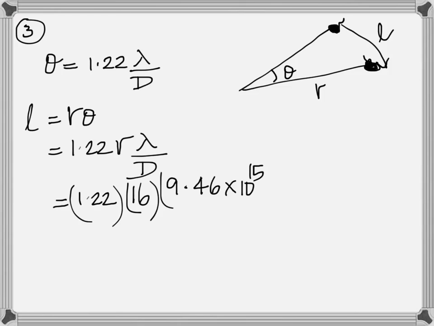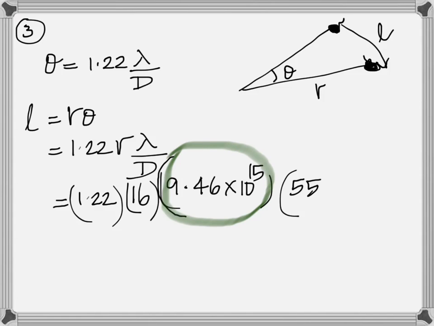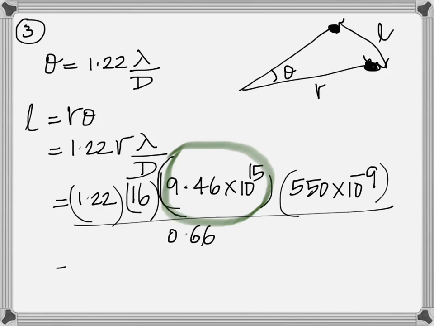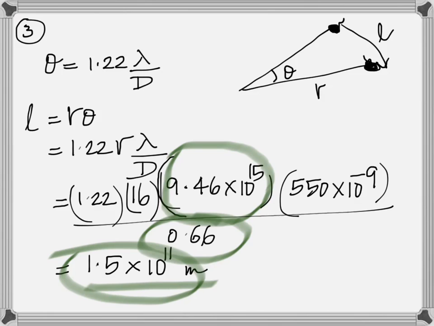Now, that is light years, converted into meters. So that's the distance traveled by light in 1 year in meters. Then you have the wavelength. And so you find that the distance between the stars is 1.5 times 10 to the 11 meter.